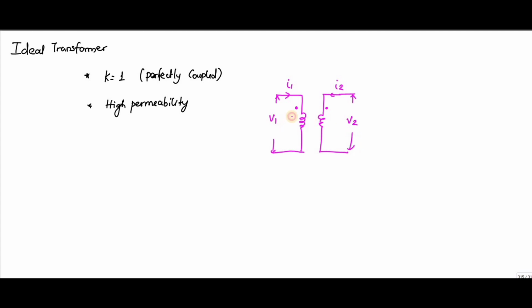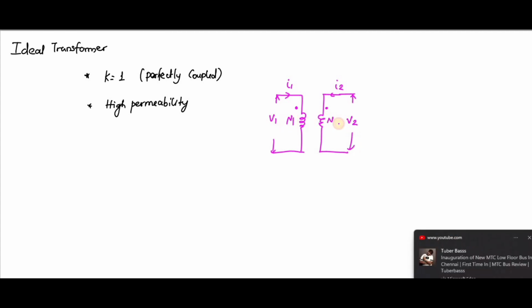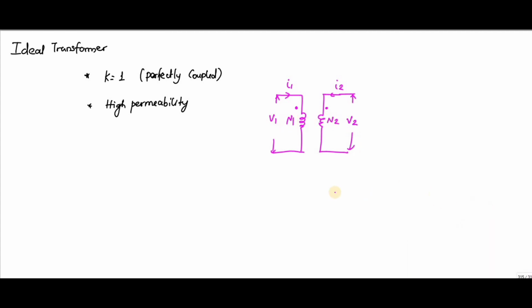N1 and N2 represent the number of turns. So I can write V1 is equal to j omega L1 into I1 plus j omega M into I2, right? So this is your first equation.